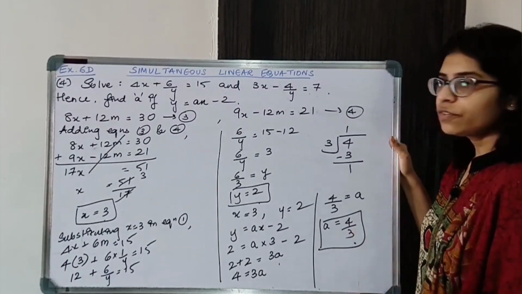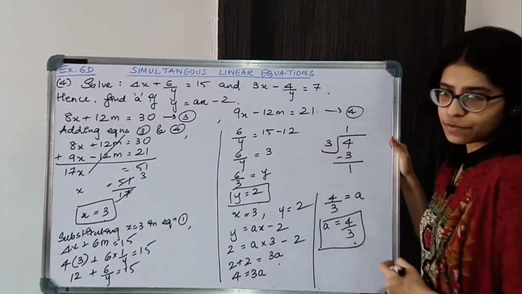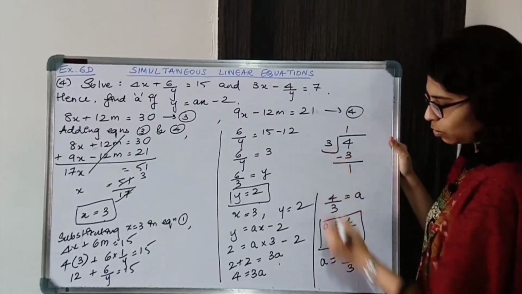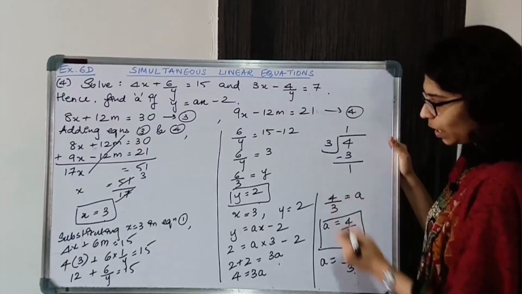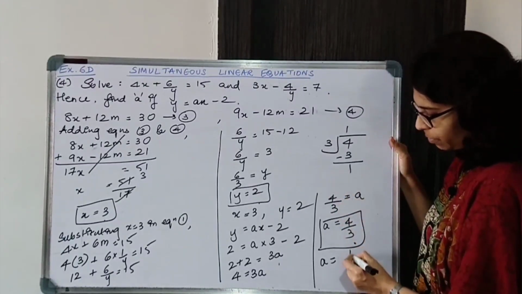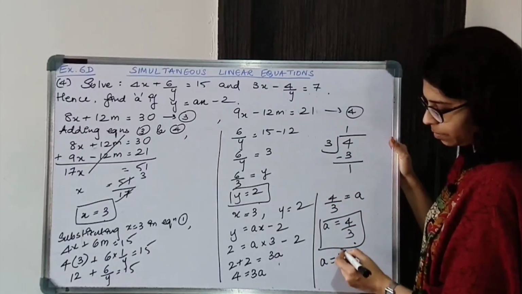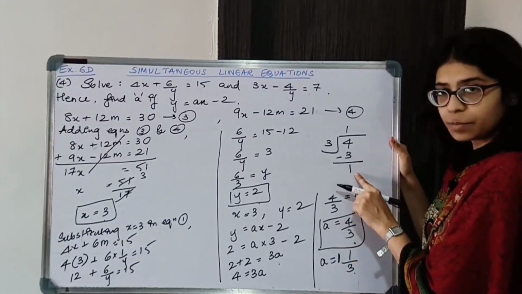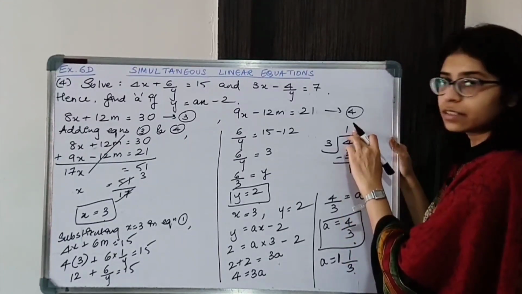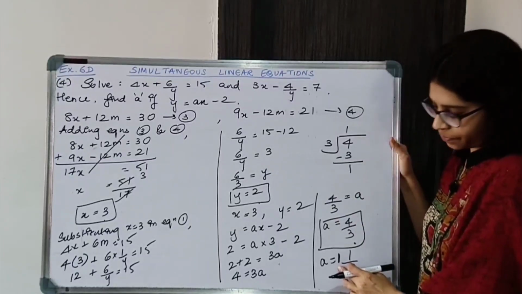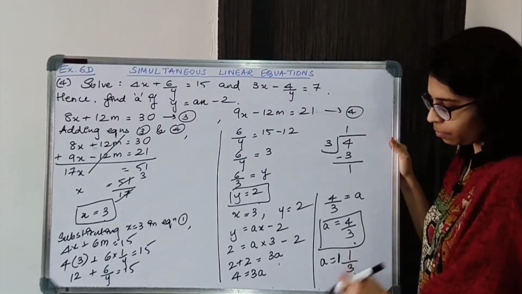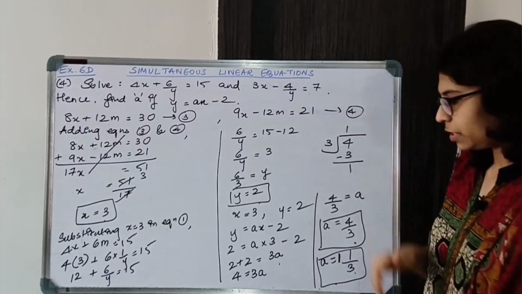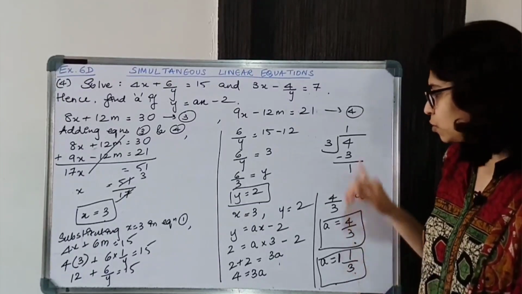Denominator is 3, so keep 3 as it is. Over here 1 is remaining, so 1 will go in the numerator. This 3 comes in the denominator, this remainder 1 comes in the numerator, and the number by which we are multiplying comes over here. So 3 ones are 3 plus 1 is 4 upon 3. So a is 1 plus 1 upon 3. You can write it in mixed fraction form just by dividing like this.